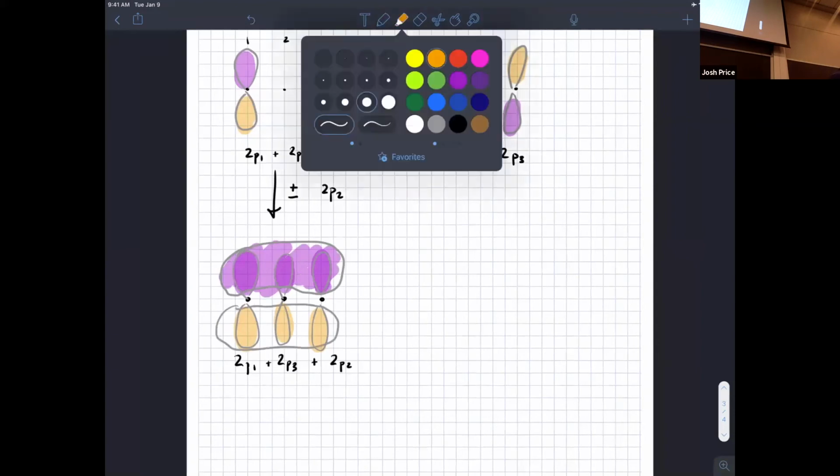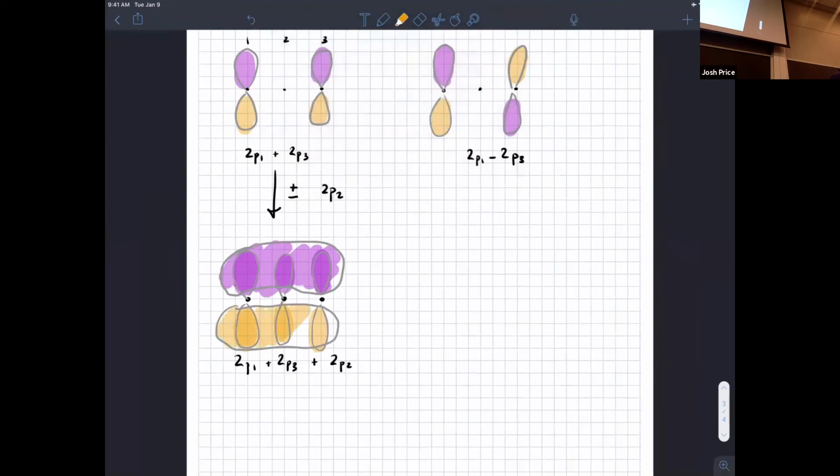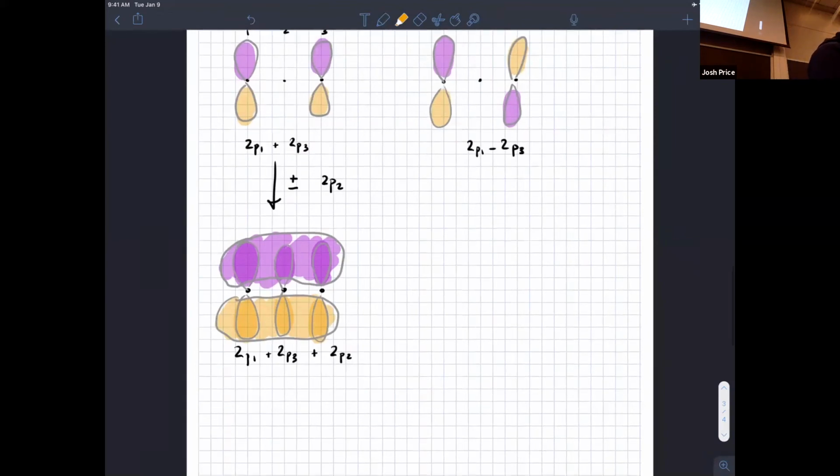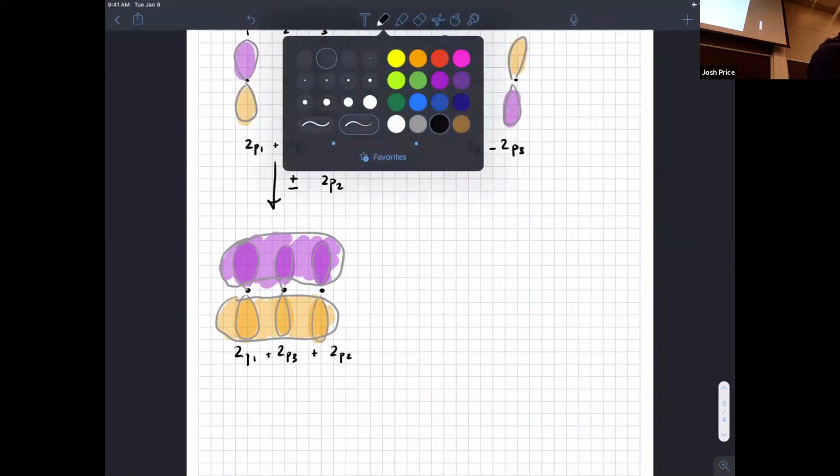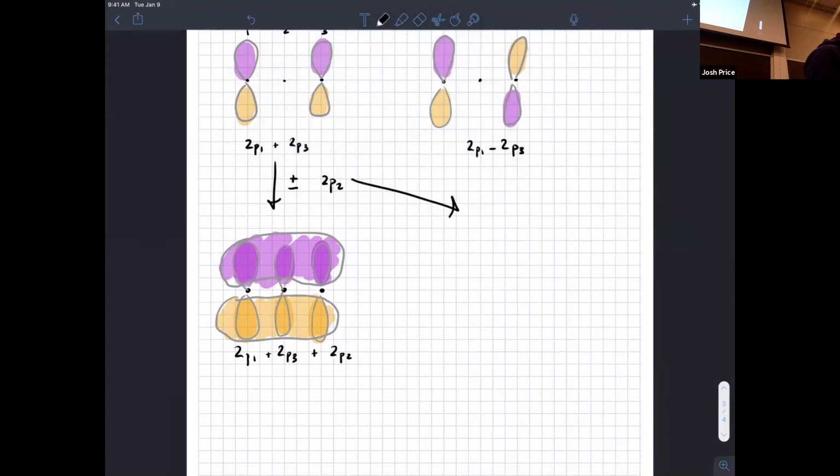I draw those individual p orbitals just to remind you where this comes from, and there are 3 different atoms. What do you suppose the minus combination should look like? 2p1 plus 2p3 minus 2p2.